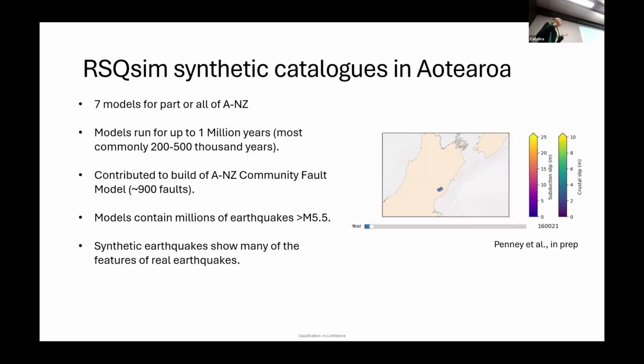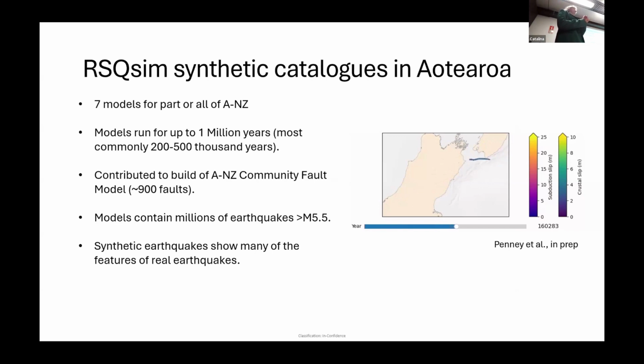Okay. So what we have so far is we've built three-dimensional fault networks for different parts of New Zealand. And the models run for up to, say, 1 million years. You can choose how long it takes depending on how much CPU time you want. And they contain millions of earthquakes. So we're trying to interrogate what those earthquakes look like. A, do they look anything like real earthquakes?